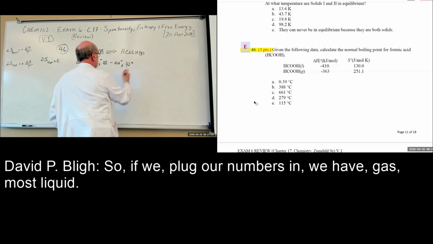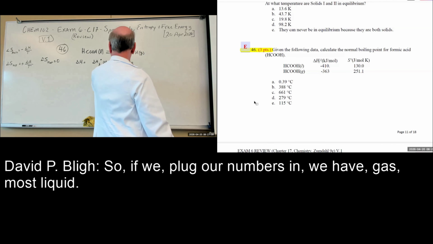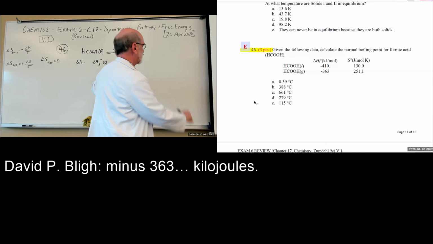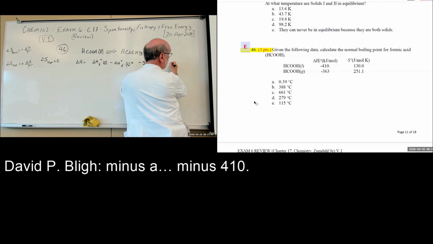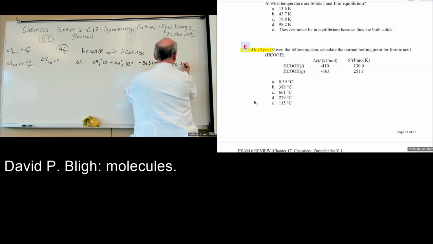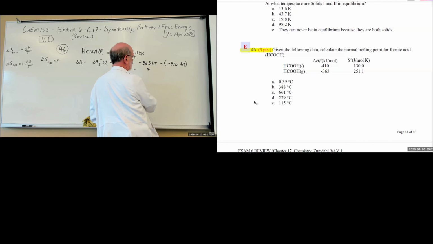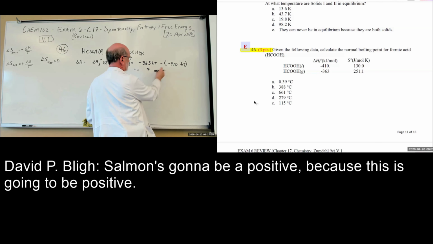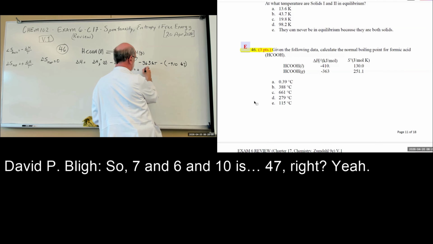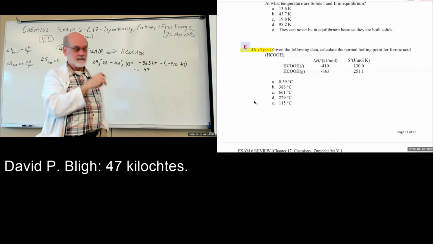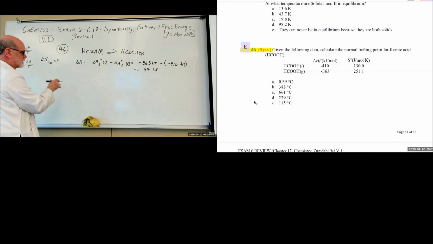Plugging our numbers in, we have gas minus liquid: minus 363 kilojoules minus a minus 410 kilojoules. That's going to be positive, 47 kilojoules. We may have to change the units on that, but I'm going to do this first.